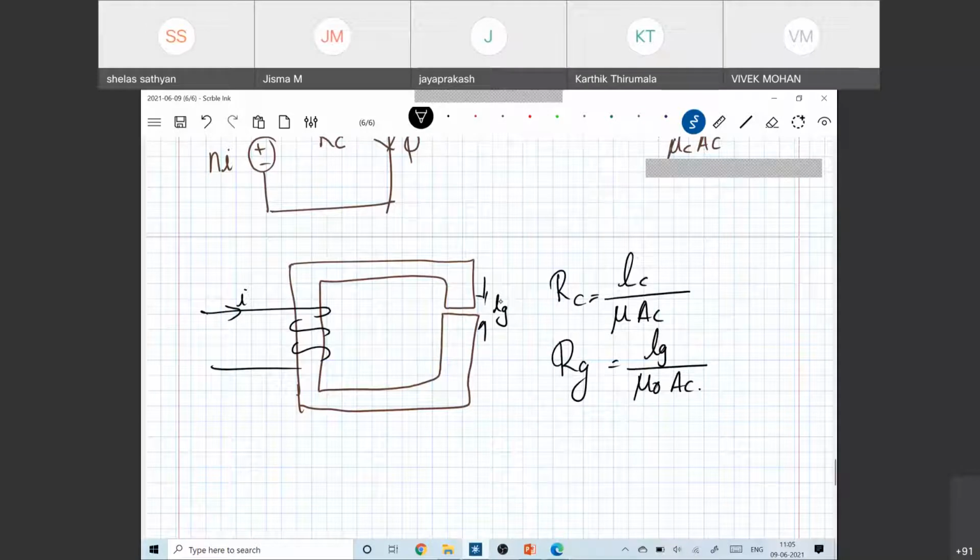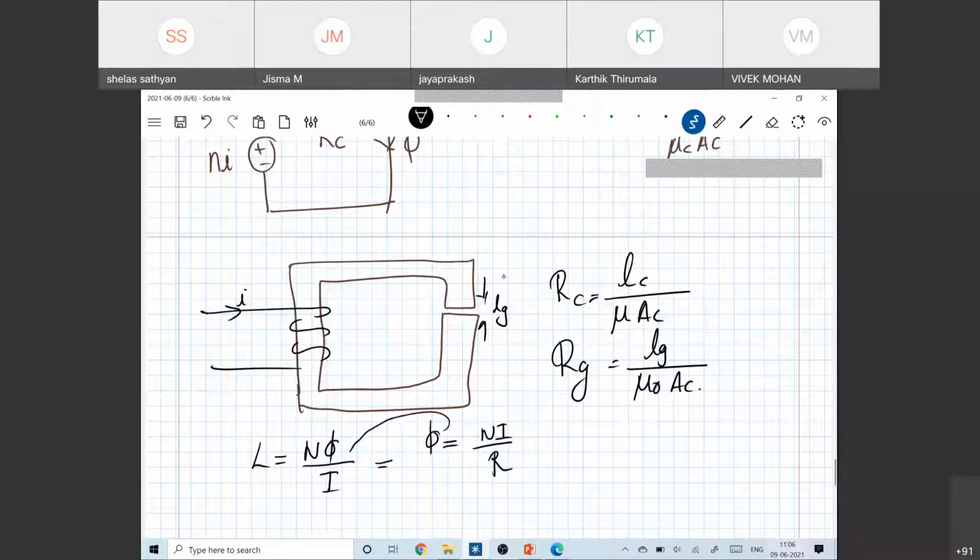And you could see the inductance. The inductance can be represented as N phi divided by I, where I is the current flowing through the inductor, and the flux can be represented by N i divided by reluctance, MMF divided by reluctance.